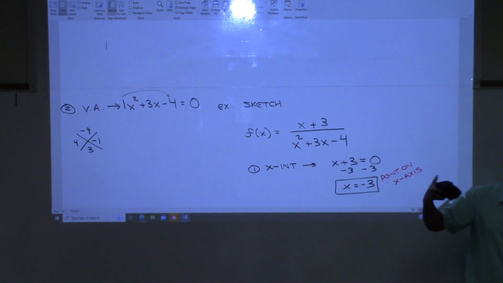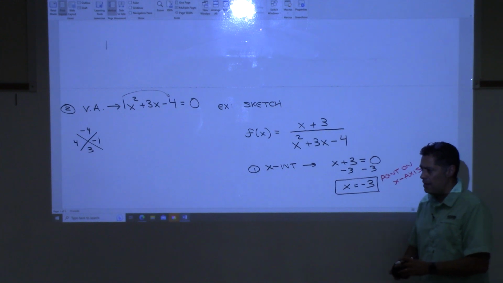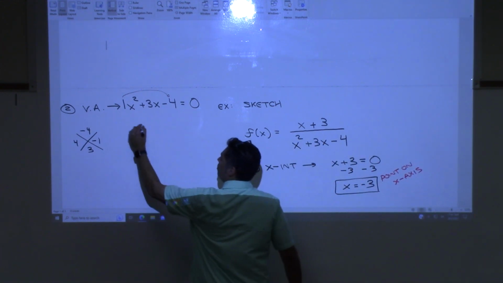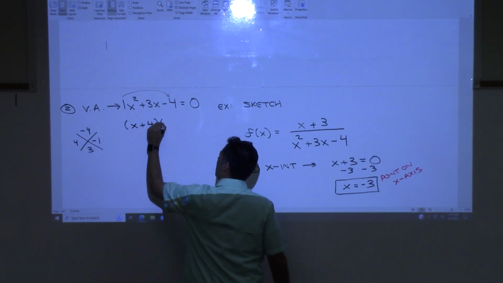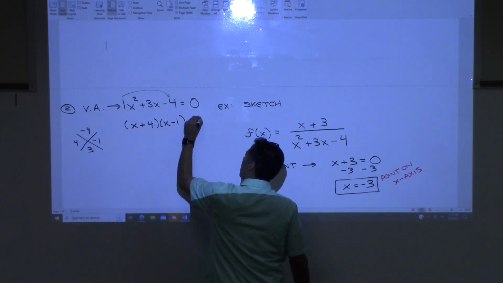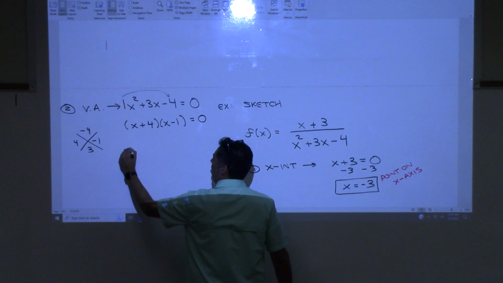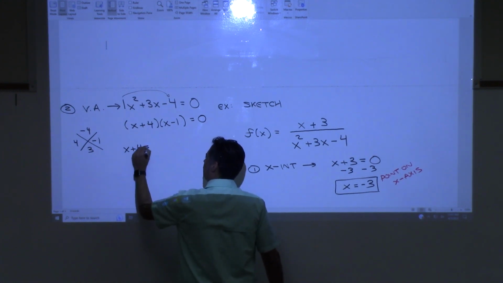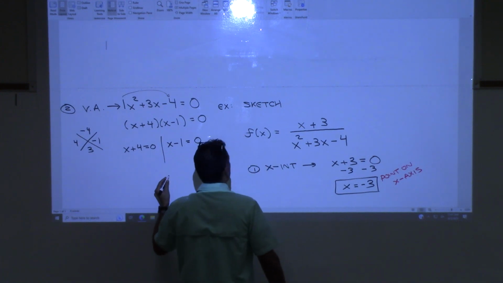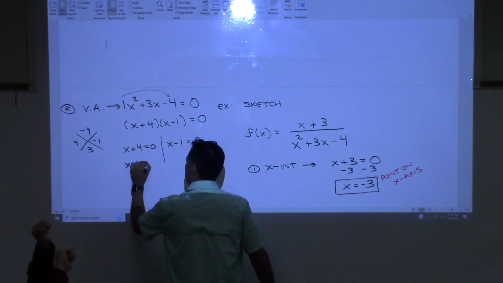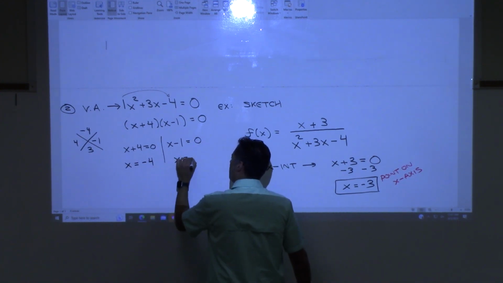So I'm not going to go through in detail again. But let's just get to the factored part. It would be x plus 4 times x minus 1 right here. And then you set each of these factors equal to 0. And you get x is equal to negative 4, and you get x is equal to positive 1.